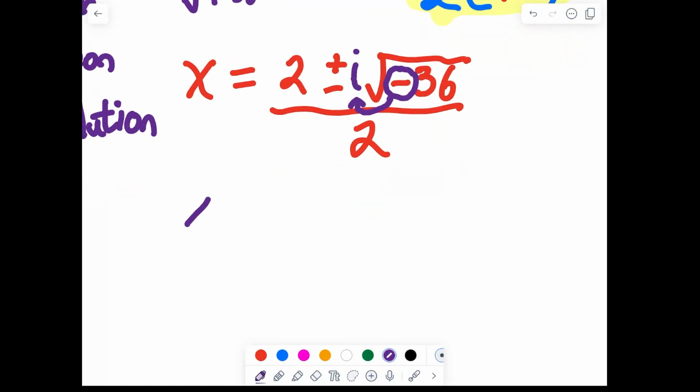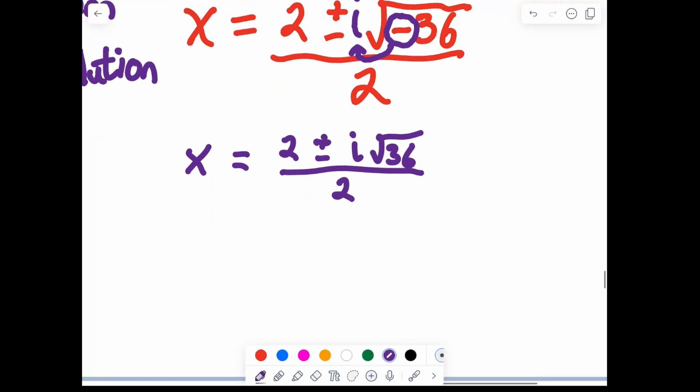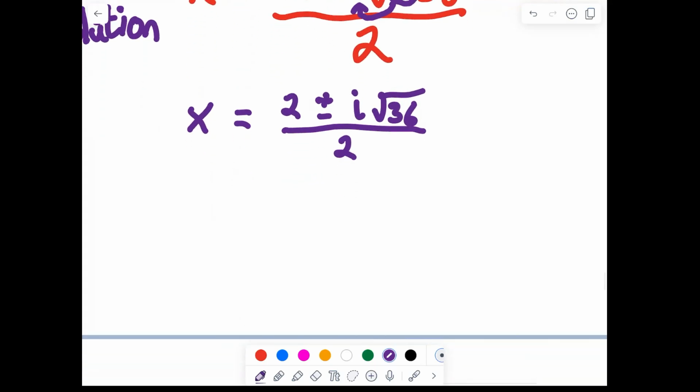When you see a negative underneath a square root, immediately take that negative out, put it in front of that square root, and call it i. The square root of -36 is the square root of -1 times 36.